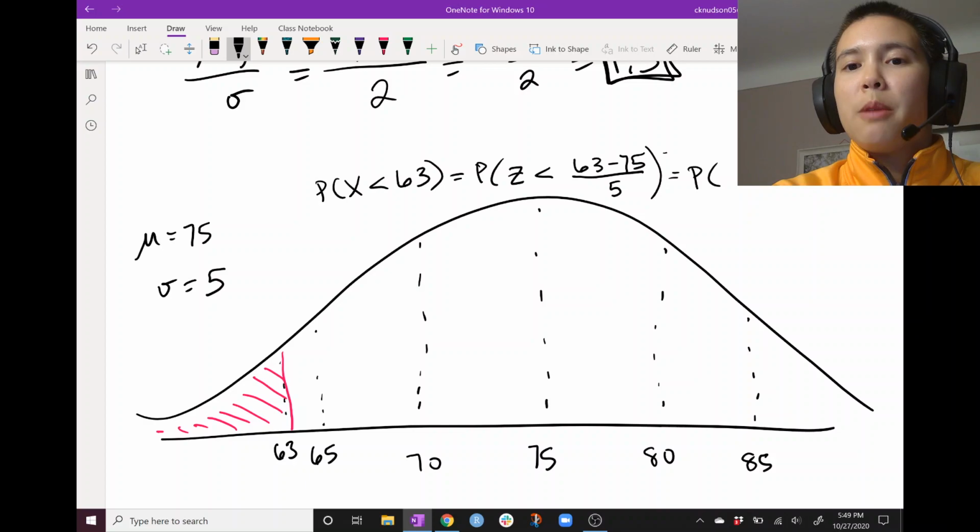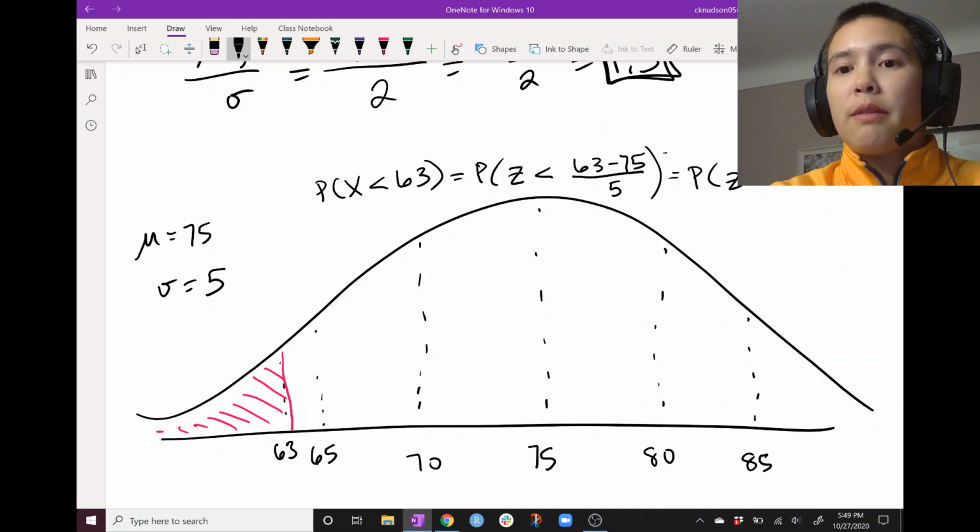So this is a probability that Z is less than, so 63 minus 75 is -8, and then we have over 5.